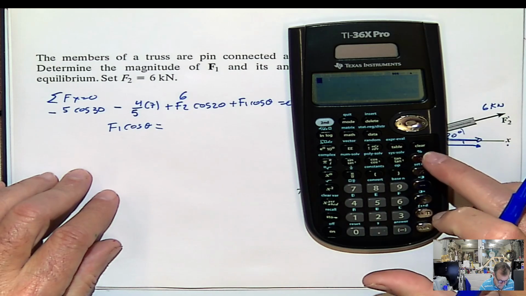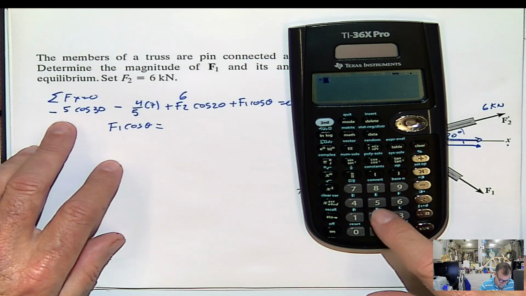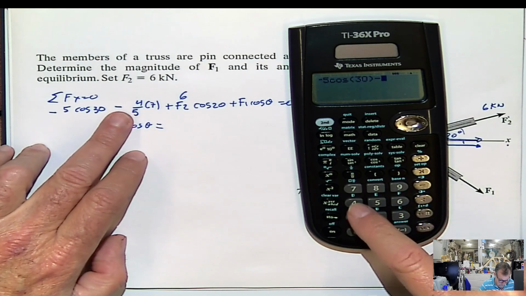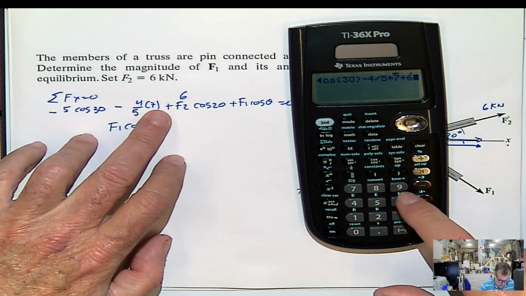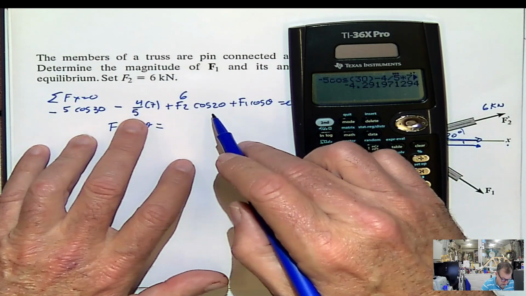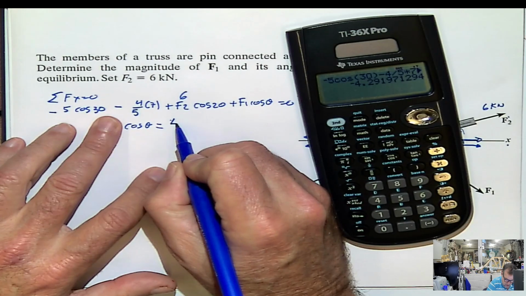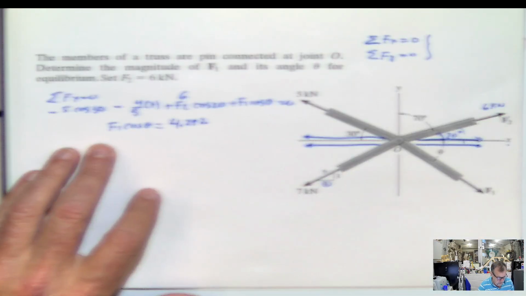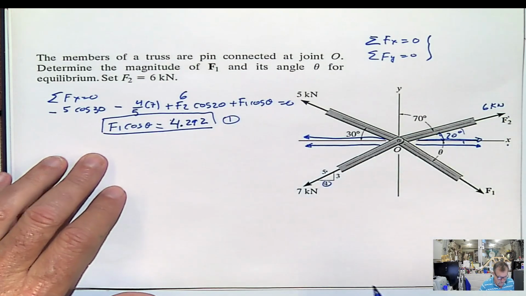So basically, let's do that. 5 cosine 30 minus 4/5 of 7 plus 6 cosine 20. And that's going to be negative 4.29 on this side, but remember I'm passing it to the other side, so it's going to be positive 4.292. And we have one equation that we can define as equation 1, if you will.